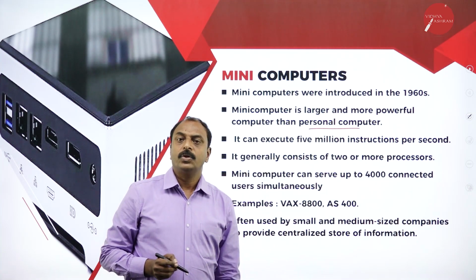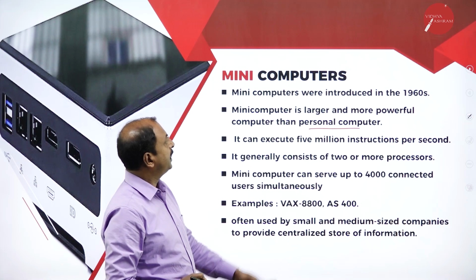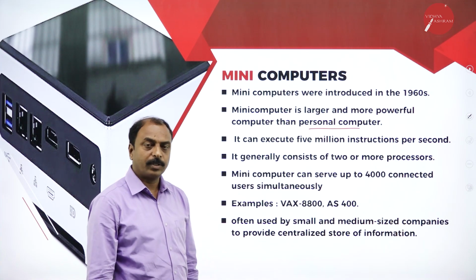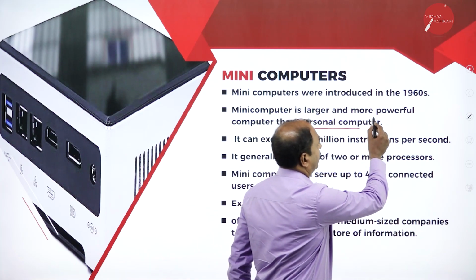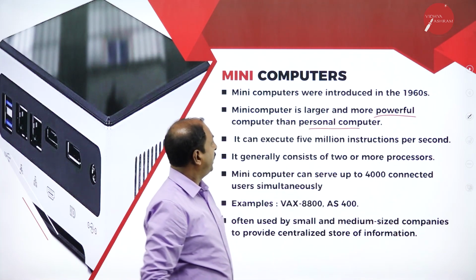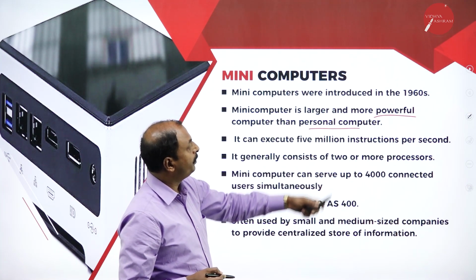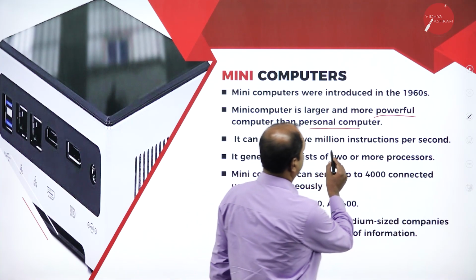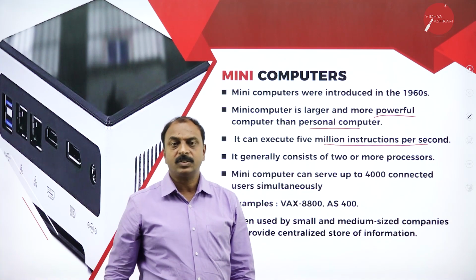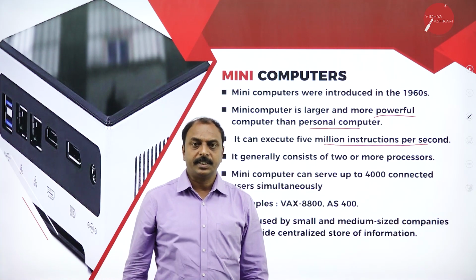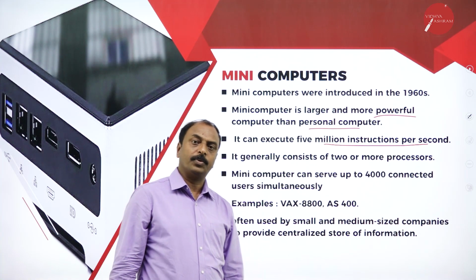And if you look at the size of this, slightly larger than microcomputers and more powerful, and it can execute 5 millions of instructions per second. The main electronic component, as we have studied under generation of computers, is the microprocessor.